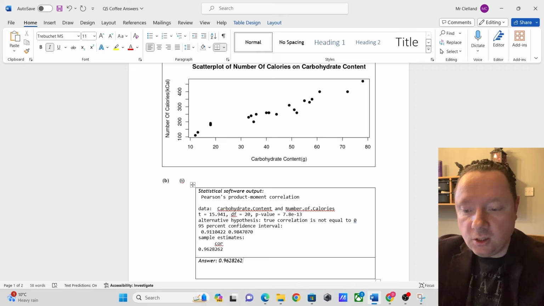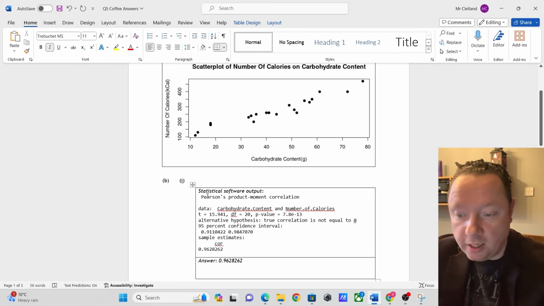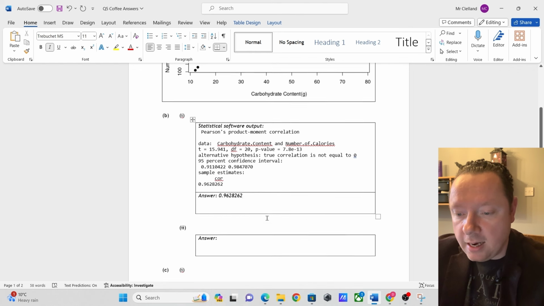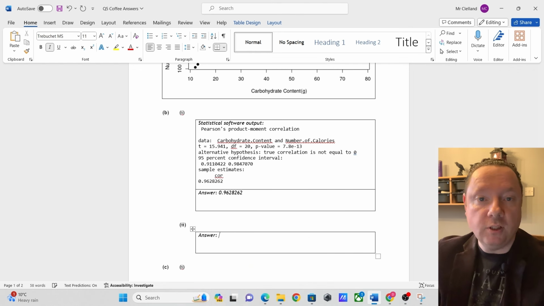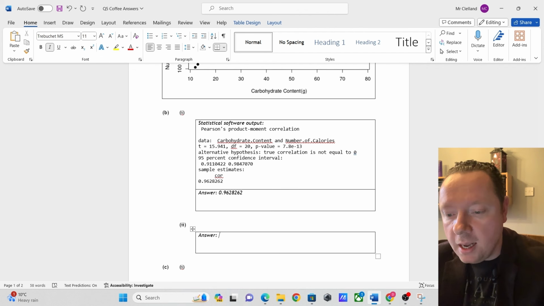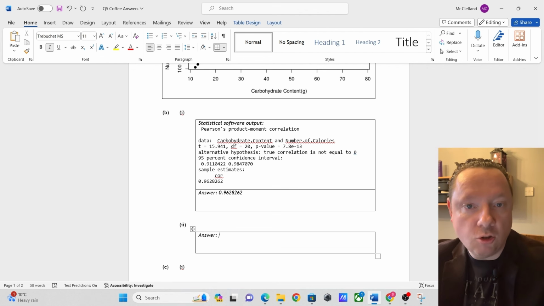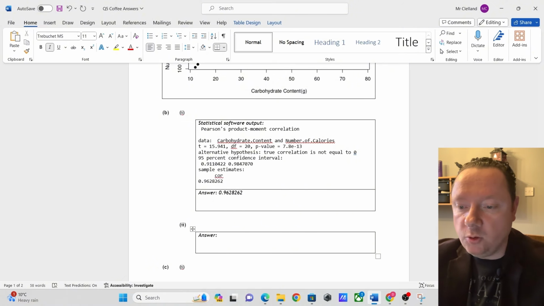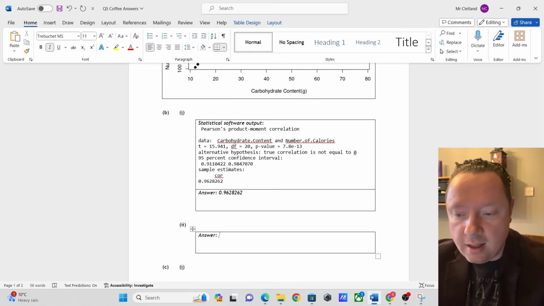You actually write the answer. It's checking you understand not to use any of the other values there. It's the correlation coefficient you're looking for. And interpret the correlation coefficient. Well, the correlation coefficient is close to 1, so we can say that it has got a strong positive linear relationship or association between carbohydrate content and number of calories. So let's just write something like that.